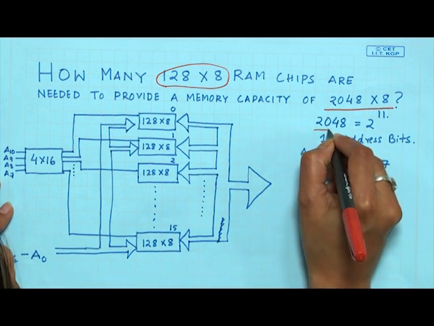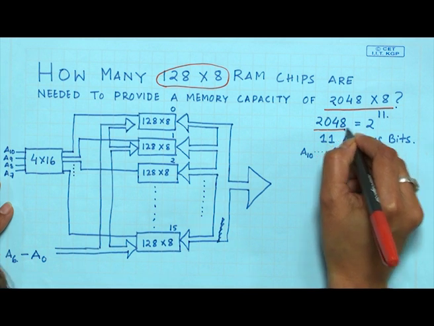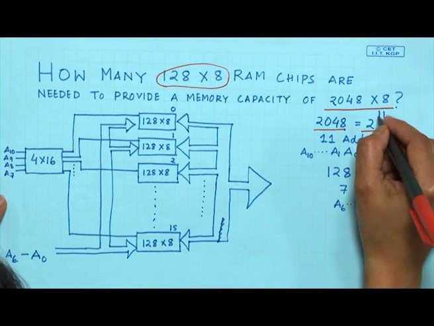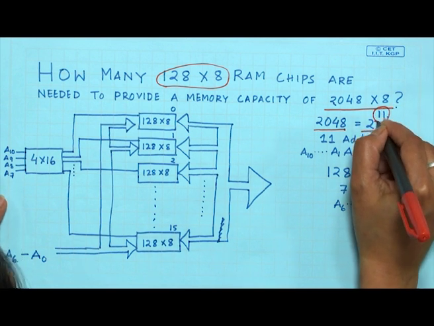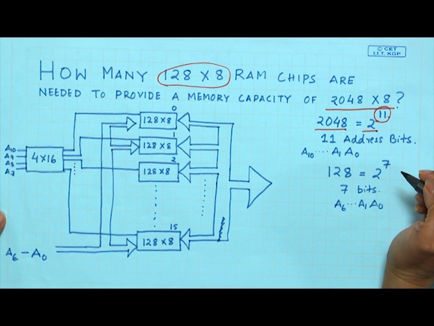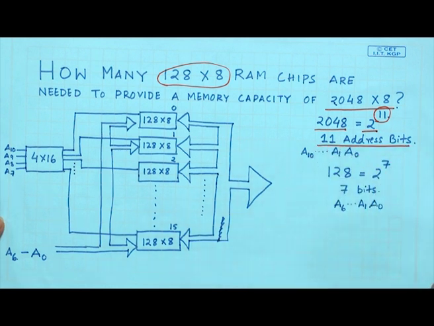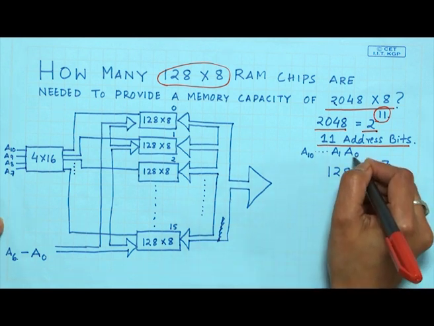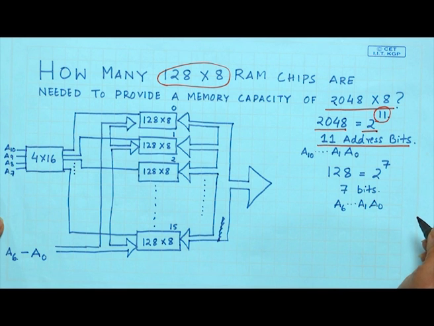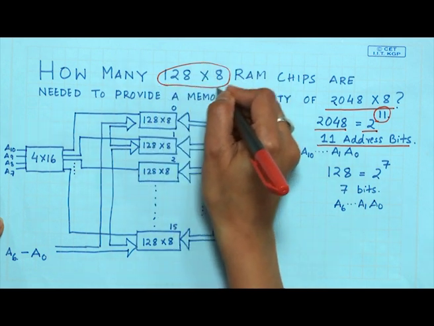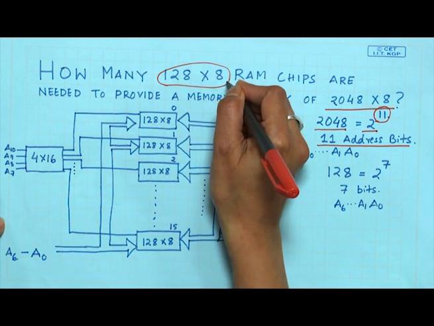Now, 2048 is your total memory, which is 2 to the power 11. So, we need 11 bits in the memory address. The address bits will be 11, that is A0 to A10. Now, each module is a smaller chip which is 128 cross 8.